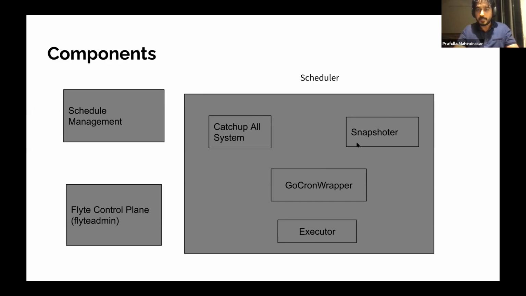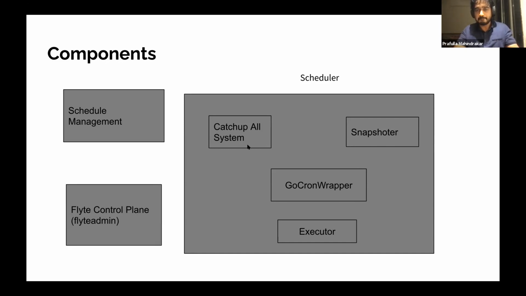So in the database, we store one record, and we execute it every few minutes, or like every 30 seconds, and the snapshot is taken. The snapshotter is explicitly running as a separate Go routine, and it updates the DB with all the schedules' timestamps.